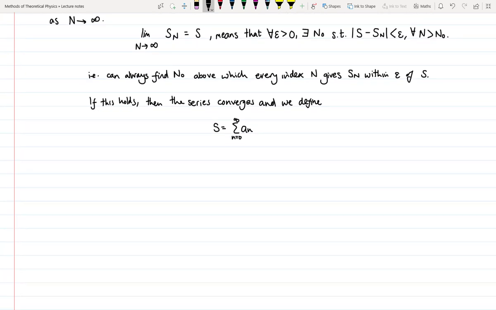Now, checking this limit of partial sums is not always practical, but one way of testing convergence is Cauchy's criterion.